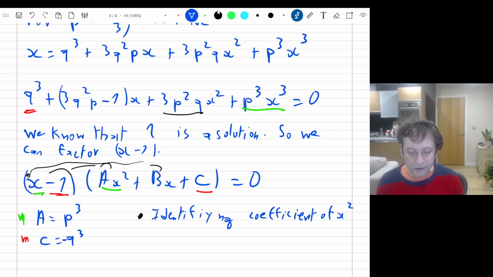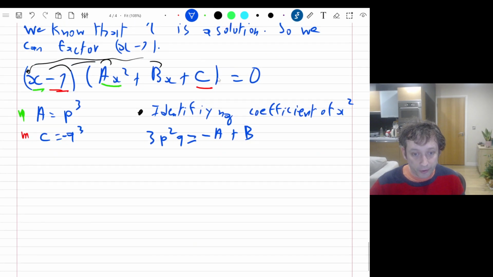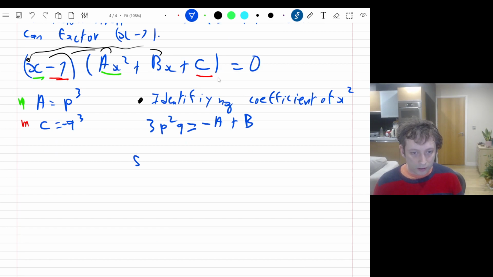Identifying all the coefficients, we get 3p squared q equals minus A plus B. Yep. And of course, by that, I can figure out what B is. So B is, there was this p cubed here, so 3p squared q plus p cubed. Absolutely.